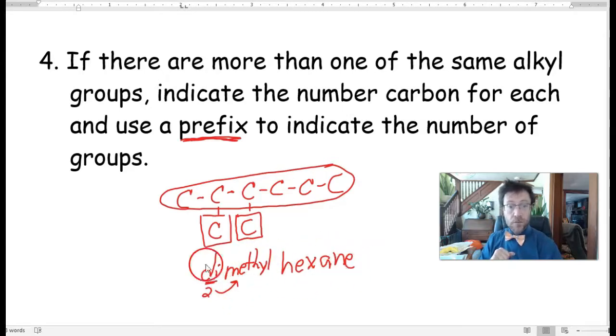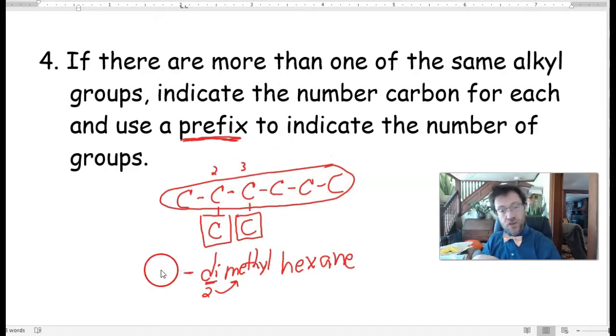Who, what, but of course we have to say where. Where are these? So let's number. We can go 1, 2, 3, 4, 5, 6. So that'll be 2, 3. Or I can start on this side, 1, 2, 3, 4, 5.